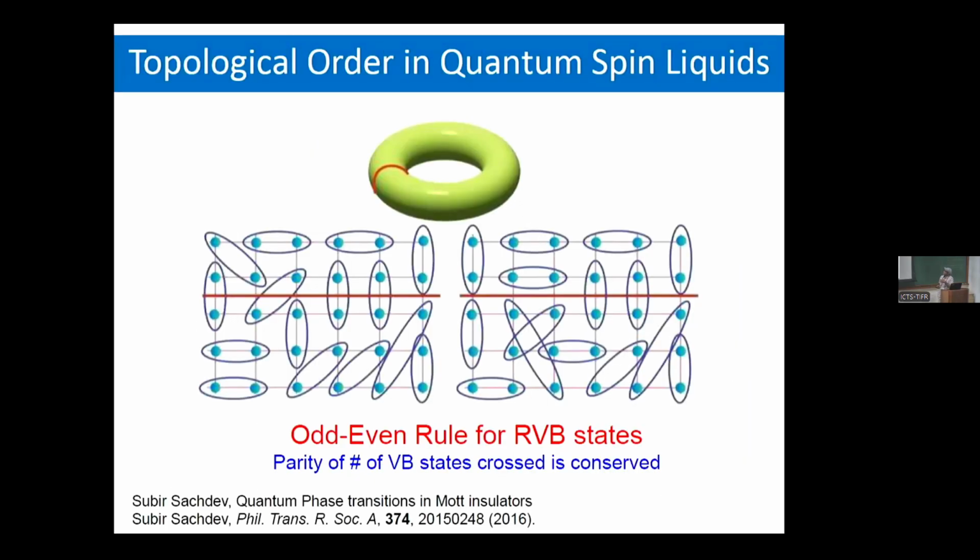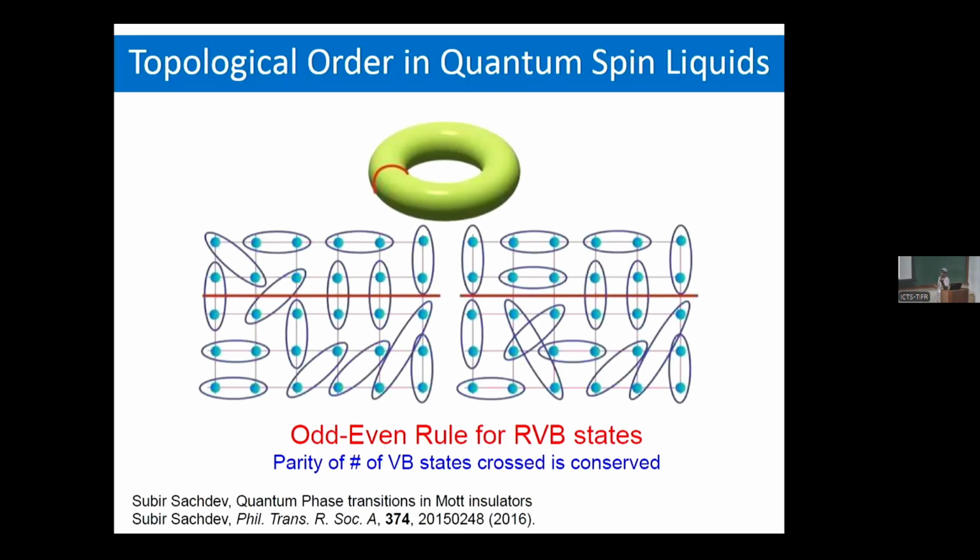I don't know if I should talk about this in front of theorists, but the point is that if you take a snapshot of an RVB and draw some hypothetical line which cuts a certain number of bonds, this number would be either even or odd depending on the size of the lattice you've chosen. And now the point is that in any local rearrangement of these RVBs, this number does not change modulo 2.